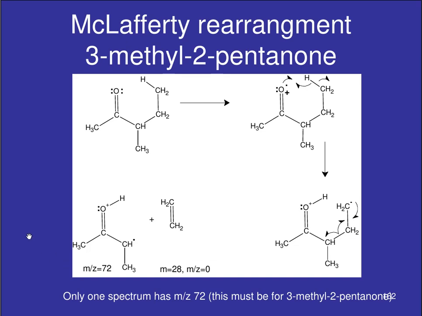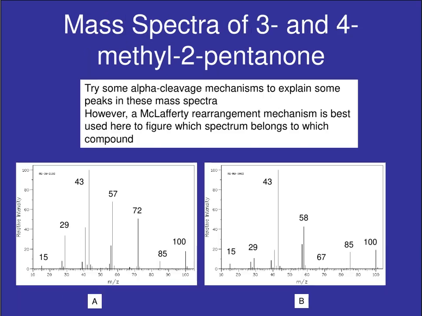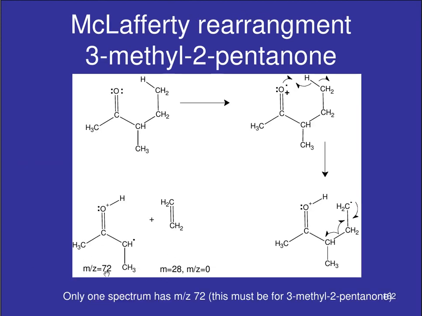So when you go back to your spectra, is there an m/z of 72? Yes, m/z of 72 appears here, so this must be the 3-methyl-2-pentanone. But can we confirm it with another mechanism? Only one spectrum has m/z 72, and so that must be for 3-methyl-2-pentanone.